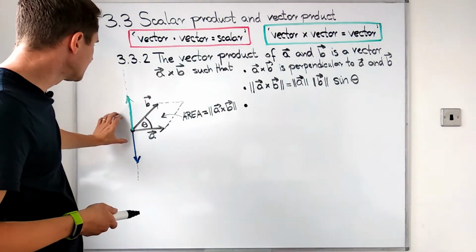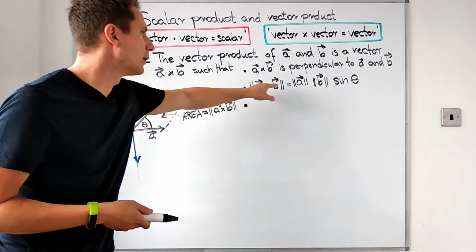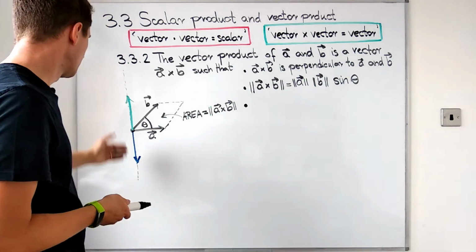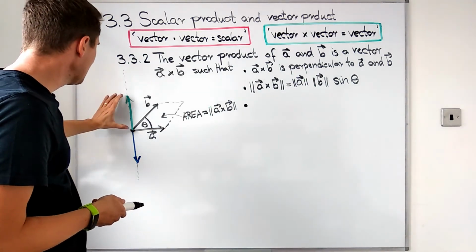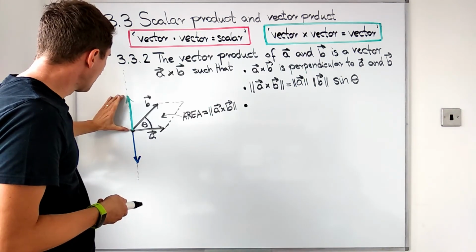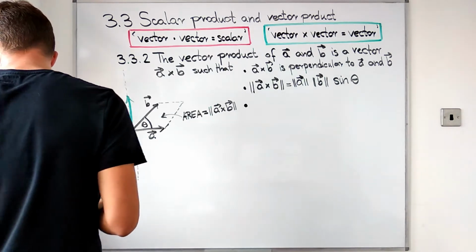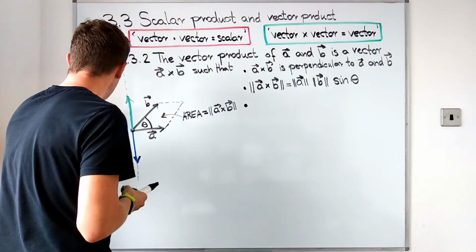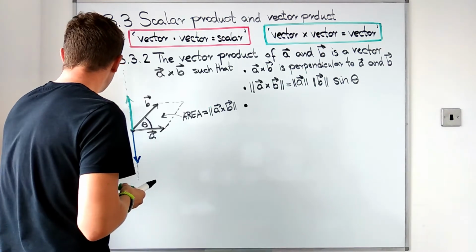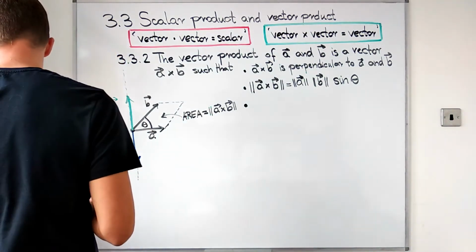So which one of these two vectors, which both are perpendicular to A and B and have length according to that formula, should be the vector product? My claim is that it's the green one, this one pointing up in this figure, because of the third condition. So this will be A cross B, and let me use this figure to illustrate this third condition.